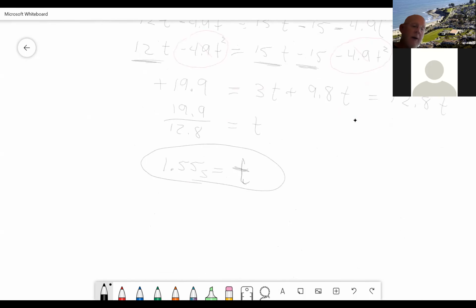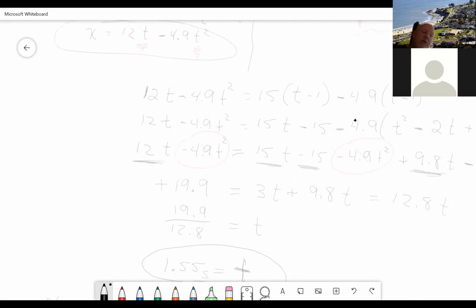So then the position of Lucky's object should be 12 times that number, 1.55, minus 4.9 times 1.55 squared. Let me just double check. Is that what I had there?